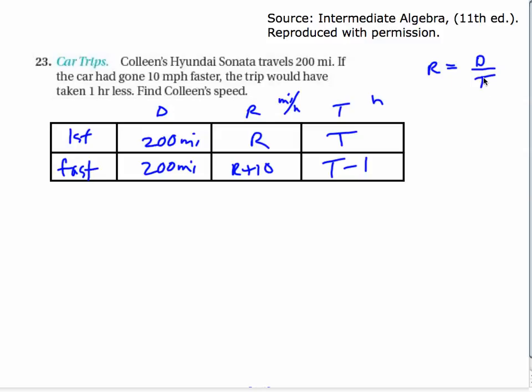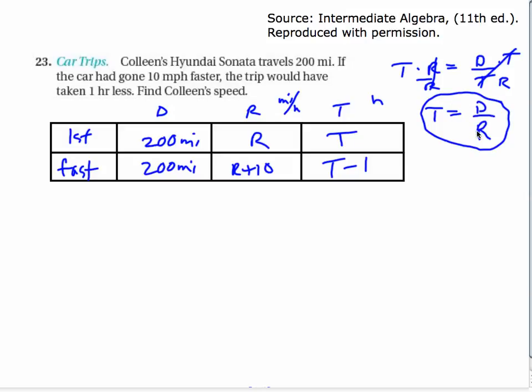But if I wanted to solve for t, I'm going to put the t up top. So t equals d over r. I could multiply both sides by t, and then these t's cancel, and then I'll divide both sides by r. So these r's cancel. I'm left with d over r. You need to be able to manipulate that equation like that.